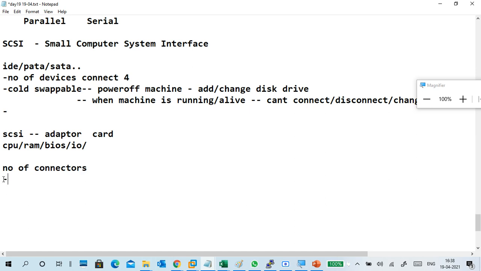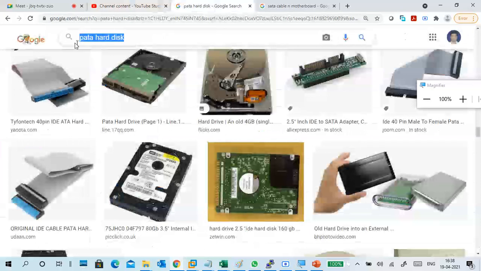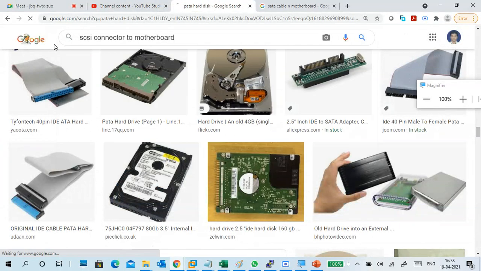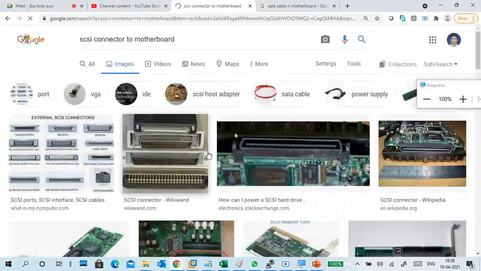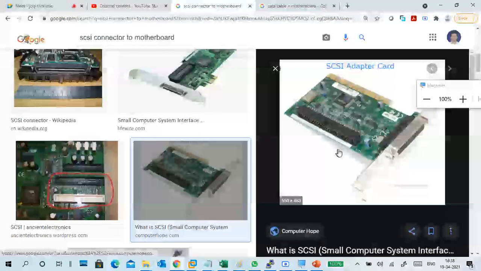So you can go to the normal SCSI, just SCSI connectors to the motherboard like that. You can see a device like this. So this is an adapter.